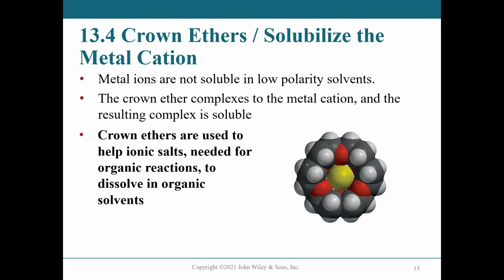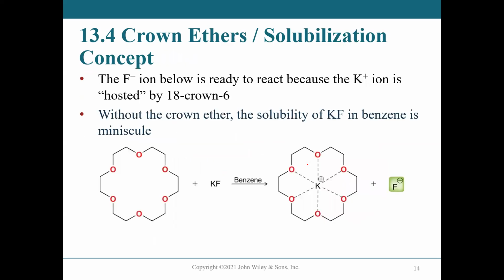As metal ions are not soluble in low polarity solvents, the crown ether complexes to the metal cation, and the resulting complex is soluble. And it gives you some different examples of where this might be used. It shows you how it's complexing around that potassium cation.